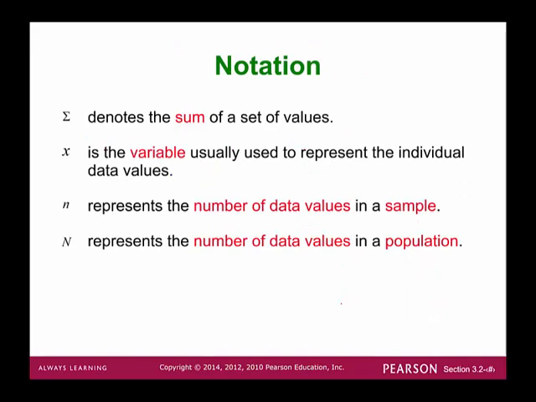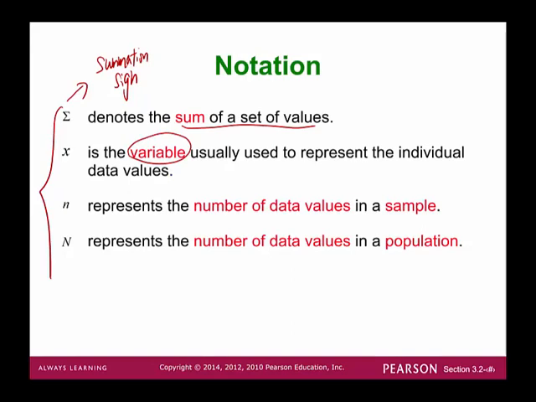Now let's look at some important notations. First notation is the summation sign. This is what they call the summation sign. And the summation sign indicates sum up all the data values, or find the sum of all the data values in your data set. X represents each individual variable, each individual data value.